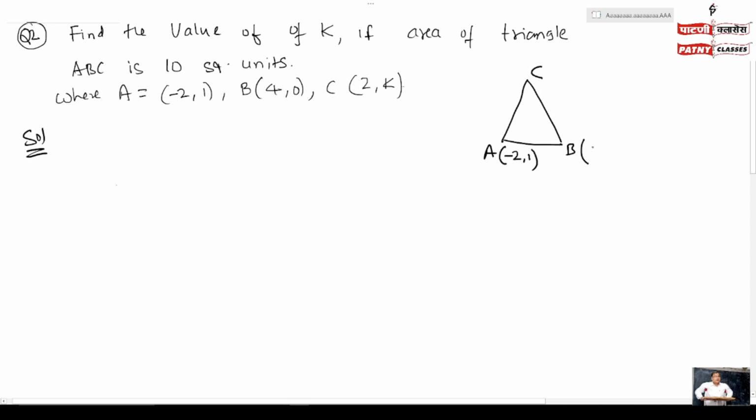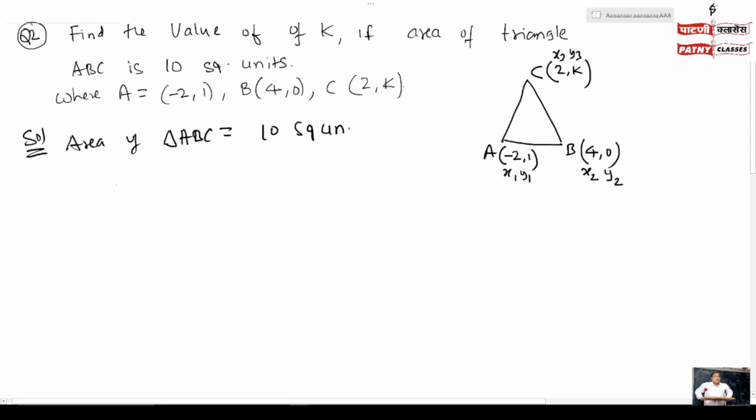B has coordinates 4, 0 and C has coordinates 2, K. So as usual, coordinates of A are x1, y1, coordinates of B are x2, y2, coordinates of C are x3, y3. Area of triangle ABC equals 10 square units. It is given.